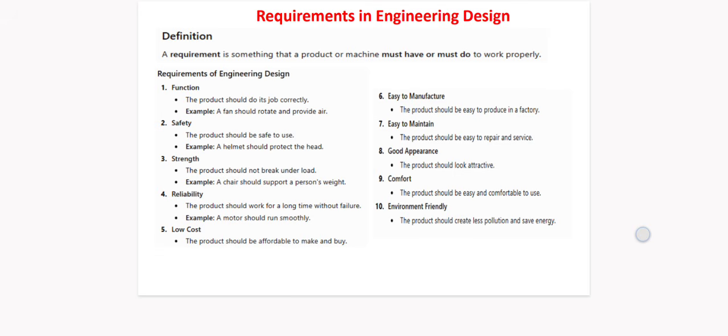So we can say a design requirement describes what a product, component or system must achieve or satisfy. Then what is an engineering requirement? An engineering requirement is a clearly defined need or condition that the final product must satisfy.